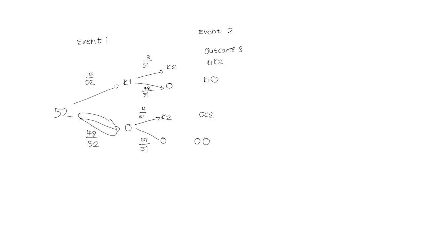In order to find the probability of each outcome, once again, we simply multiply the probabilities on each branch in the diagram, starting from the origin of the diagram and tracing the path along the branches all the way to the last branch of the diagram.